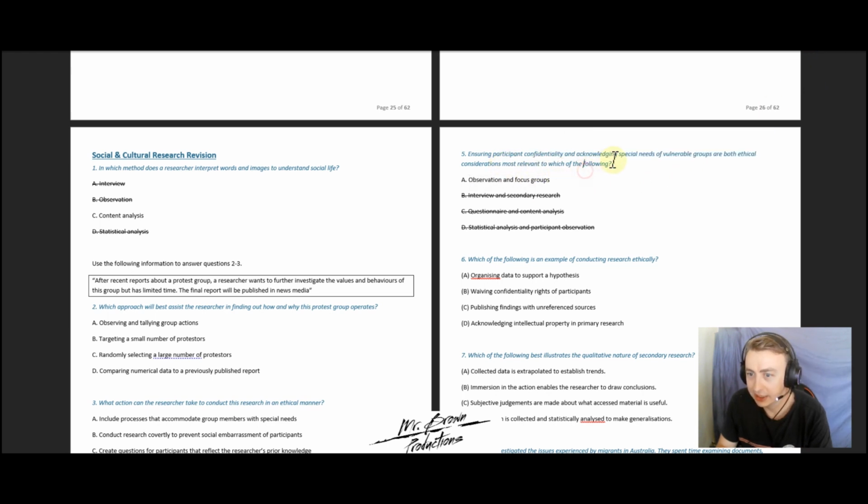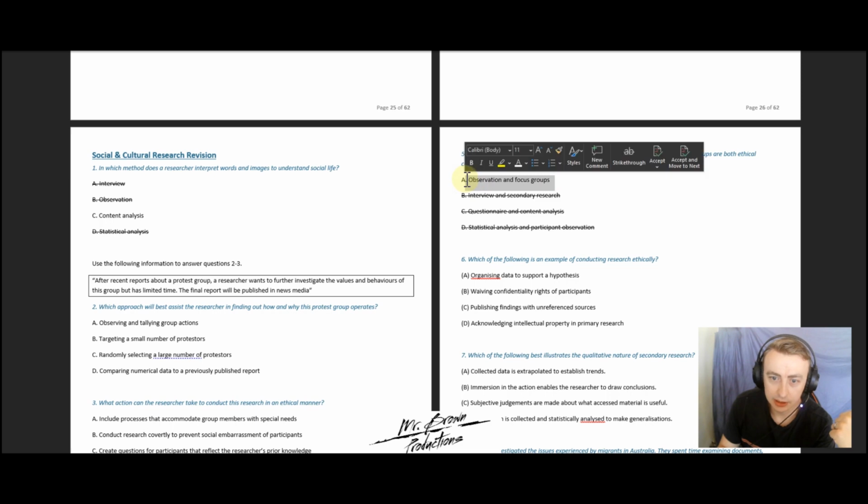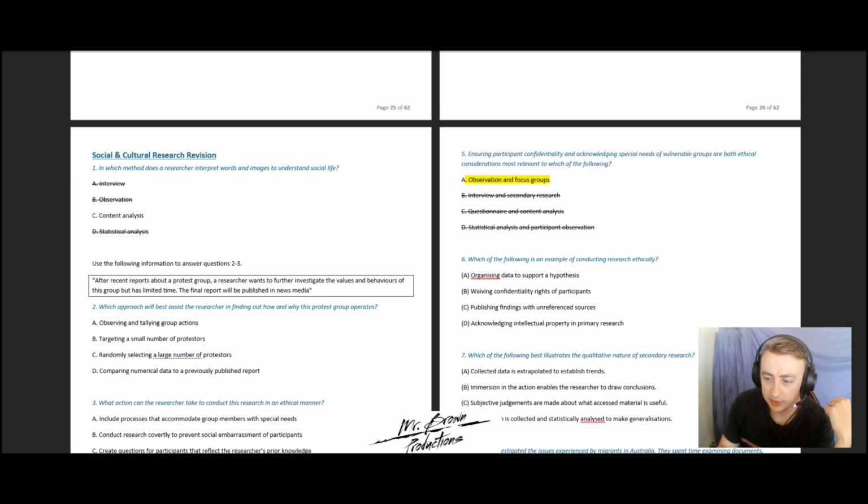Acknowledging special needs of vulnerable groups isn't typically something you consider strongly with an observation. However, since B, C, and D are 100% incorrect, it is the most relevant to both of these bits of research. Therefore, that is the right answer. So we highlight A as our right answer and keep going.